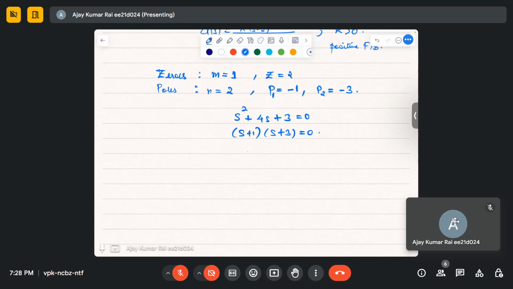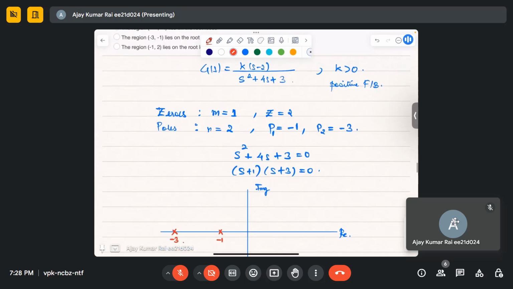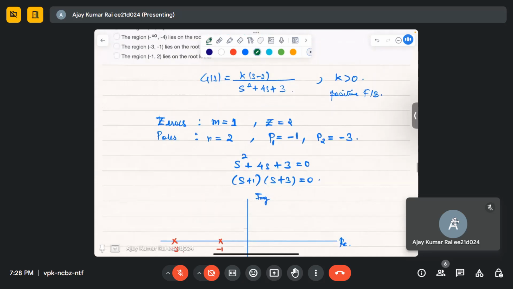So step 1 was to plot the open loop poles and zeros in the S plane. So we have this at -3, this at -1, and we have one zero at 2, that is +2, right?